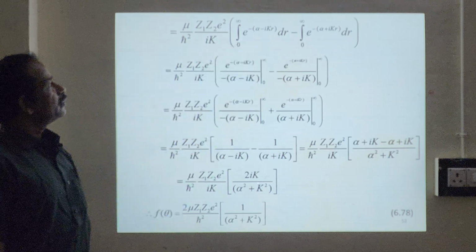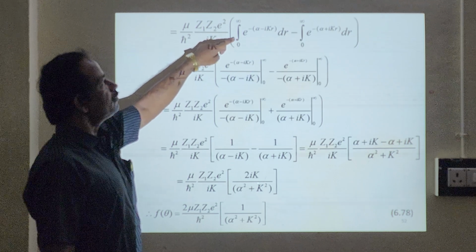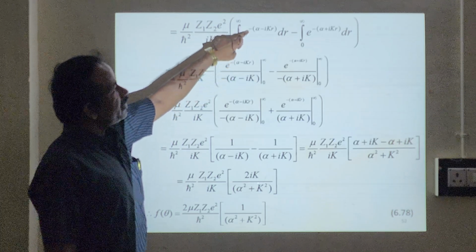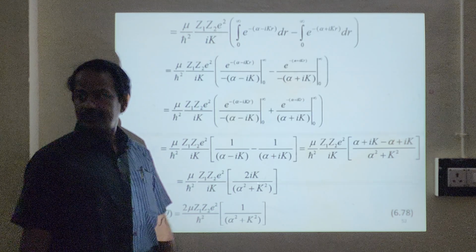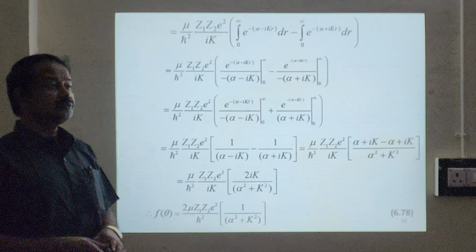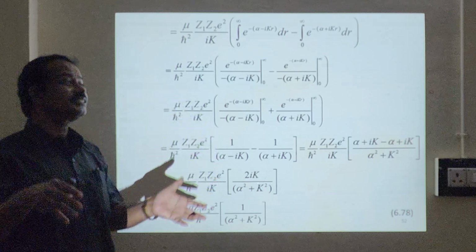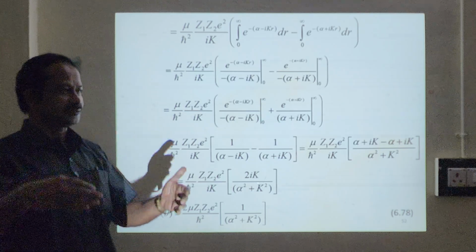Now we are going to integrate. The first term, after integrating, will be e power minus alpha plus minus ik r divided by minus alpha minus ik. The limits will be 0 to infinity. Of course r will have the limit 0 to infinity; the maximum distance is capital R, don't forget, which is the radius of the atom.